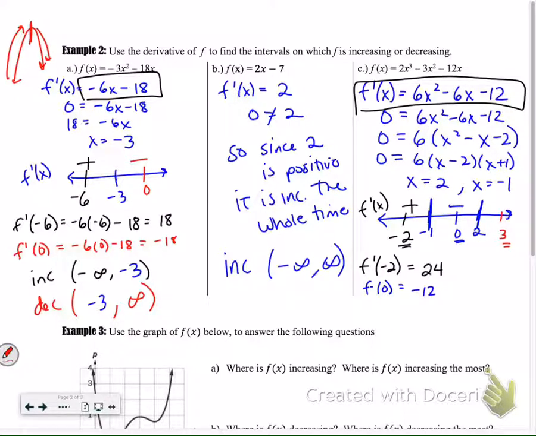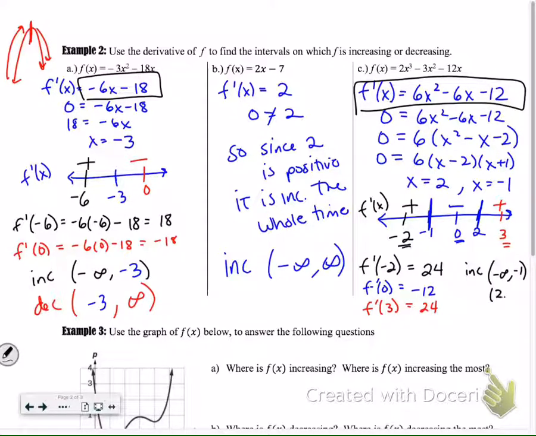And then finally, f of 3. Oh, sorry, these are prime. F prime of 3, that gives me a 24. Now, that's a coincidence that it gave me the same thing, but that's a positive. So we are increasing from negative infinity to -1.